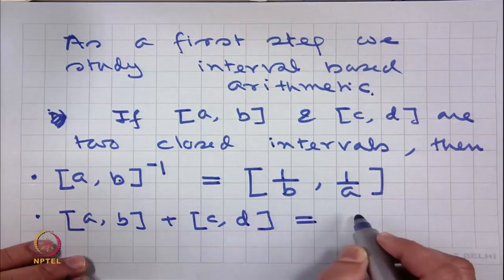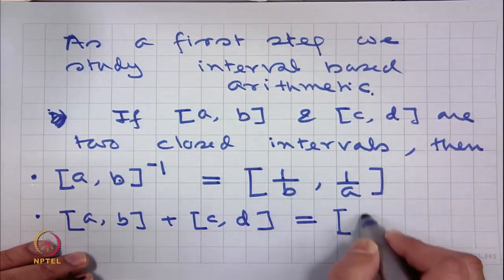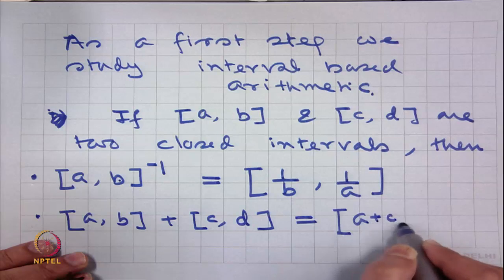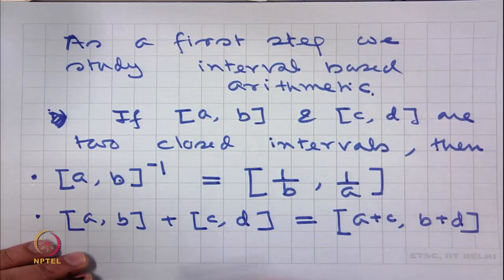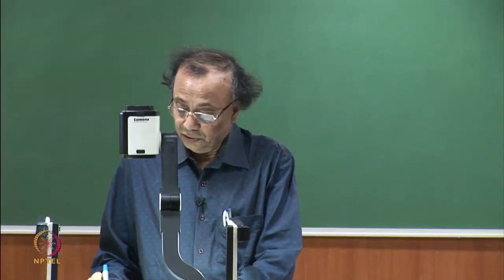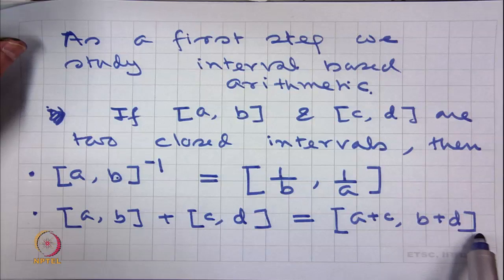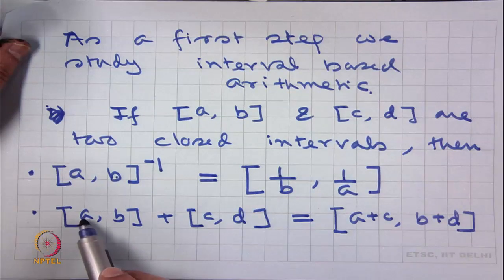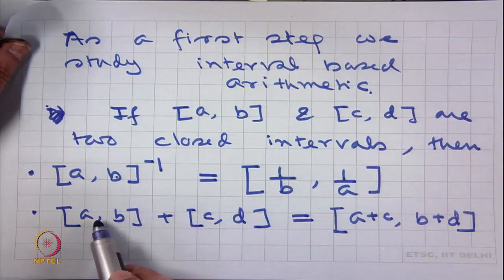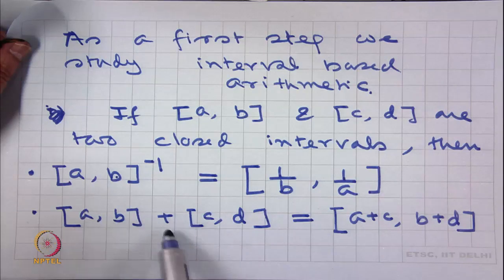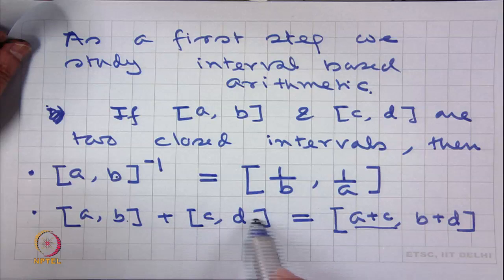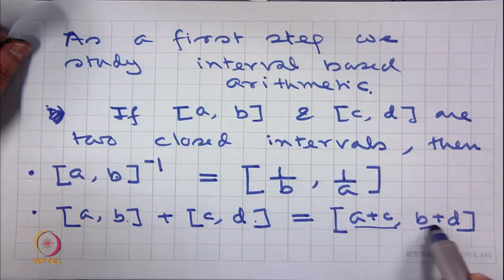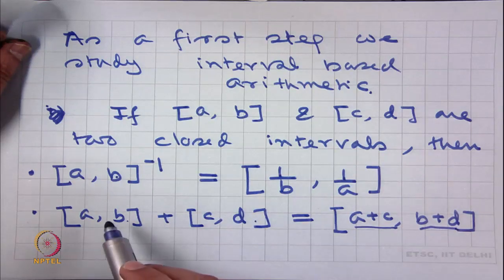This is the interval [a plus c, b plus d]. So, for addition, we get the answer by adding the lower bounds of the two intervals as the lower bound of the output, and the sum of the upper bounds is going to be the upper bound of the output.